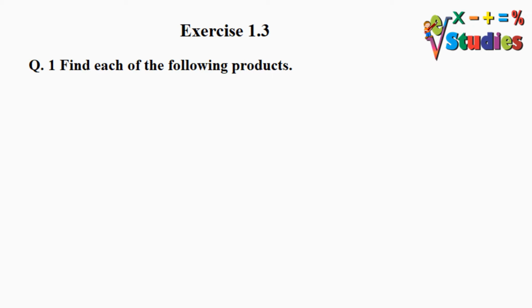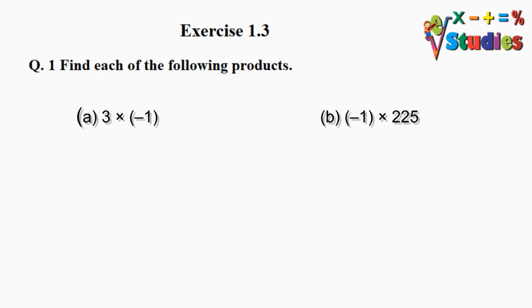Now students, let's do exercise 1.3, and we are doing question number 1 first. Question number 1 is about finding the product of each of the pairs of integers given here. In question 1a, we have 3 multiplied by negative 1.